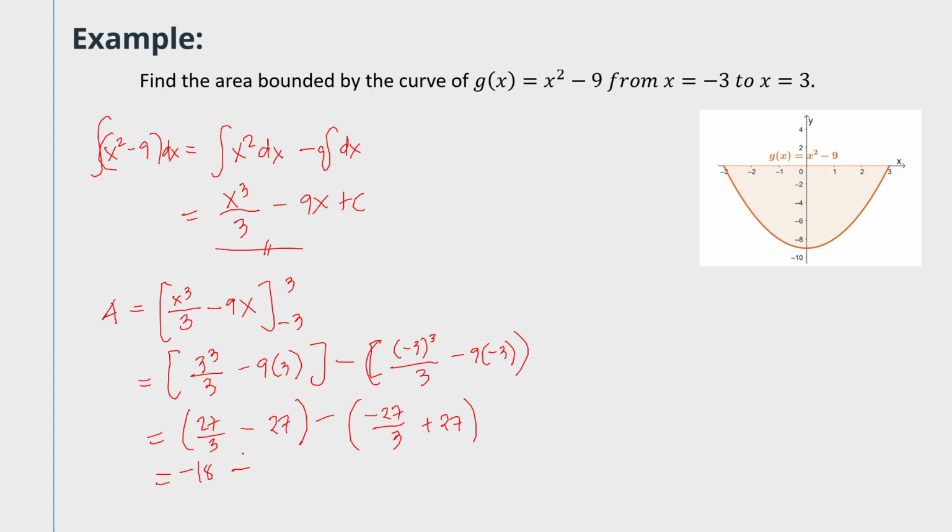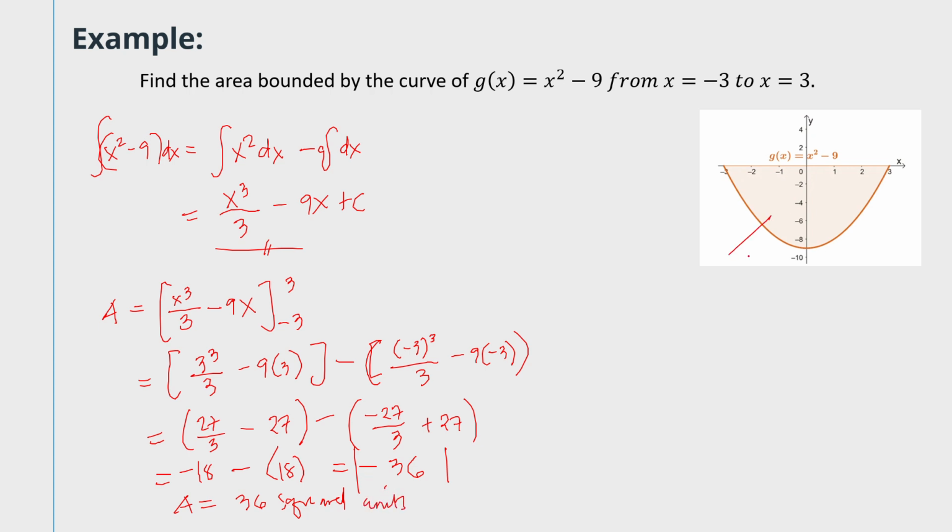Then minus negative 27 over 3, then plus 27, this is minus 18. So the answer of this one is negative 36. But since we need to get the area, we need to take the absolute value. So therefore, the area is equal to 36 squared units.